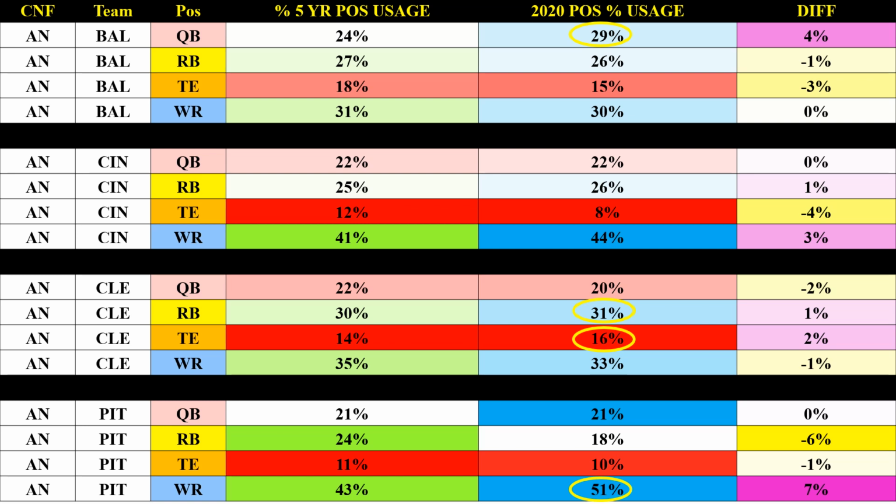Here's our central, that's AFC North: Baltimore, Cincinnati, Cleveland, and Pittsburgh. So again, you can look at the 5-year averages. I'm focusing here on the 2020. And let's talk about Baltimore. Lamar Jackson, the rushing quarterback, increased by 4%.